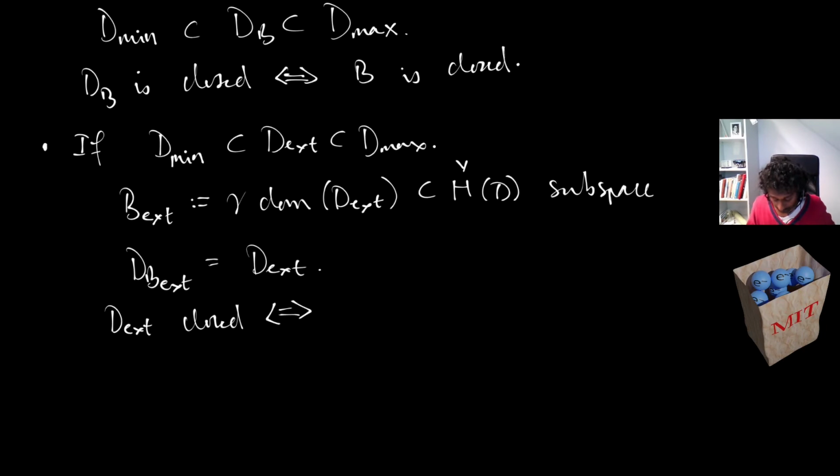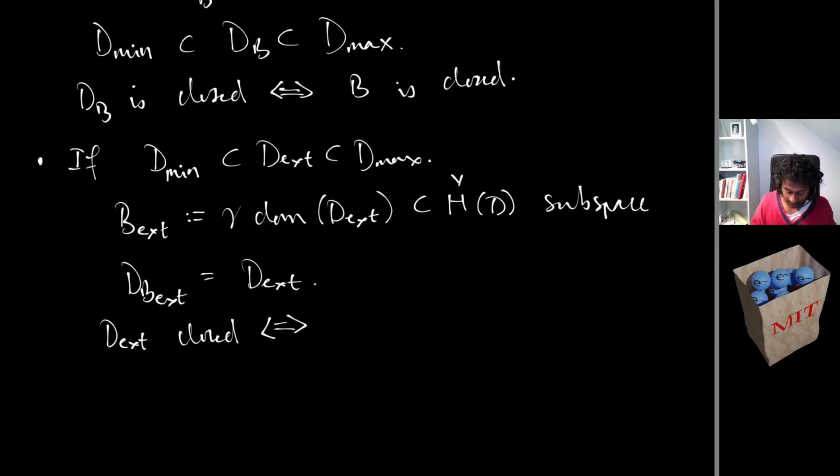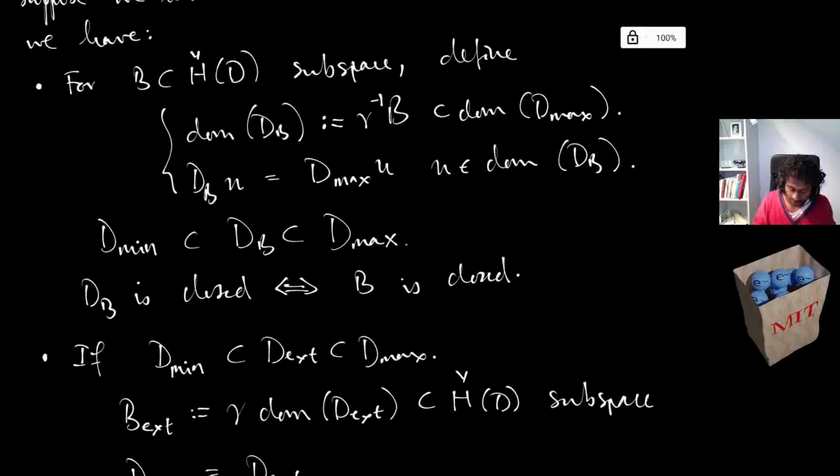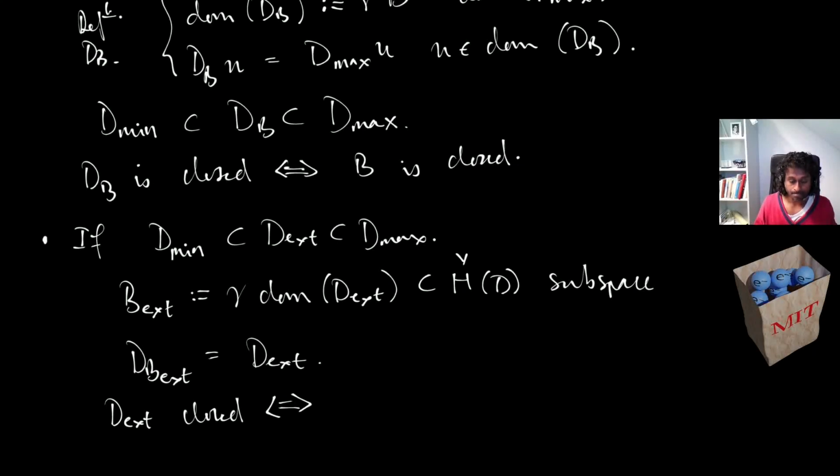The question was, when I define Bx, I want to define the domain of Bx precisely. Whenever I'm given a subspace in the check space, I define the operator by this criteria here, right? So this is the definition of the operator dB. Bx is a subspace now of the check space. This is just gamma acting on dom Dx. We're given an extension sitting between D min and D max.